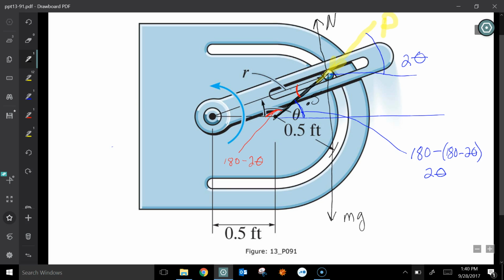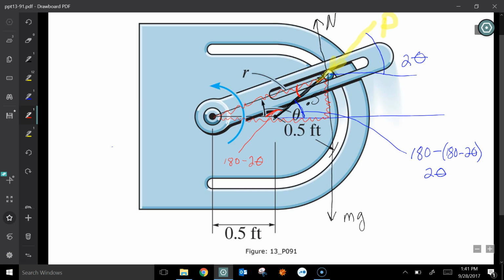Alright, so there's a right triangle in here. Kind of draw it wiggly. There's a leg, there's the leg, and then here's the hypotenuse. So there's a right triangle. And so the angle between, let's see.